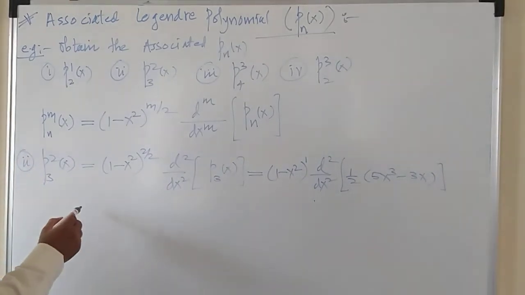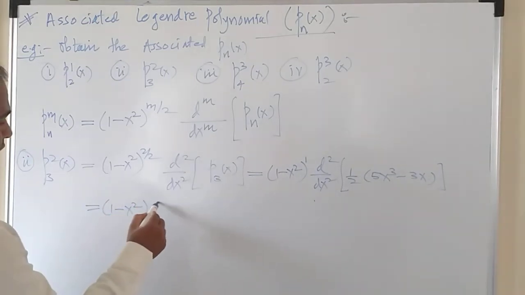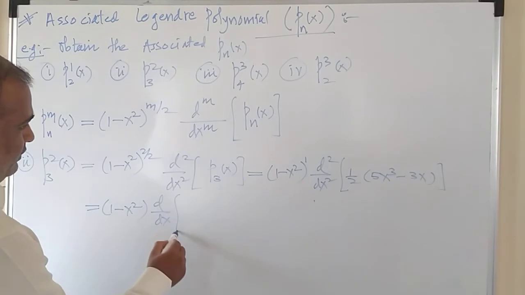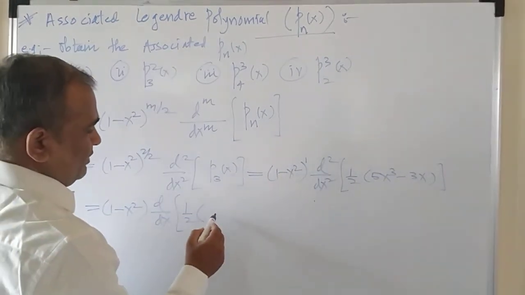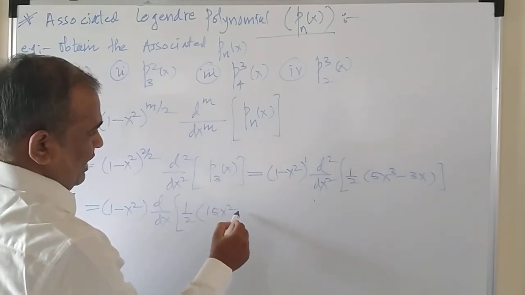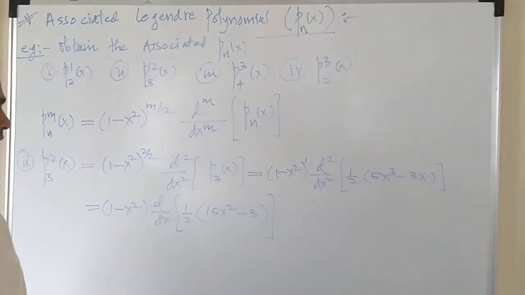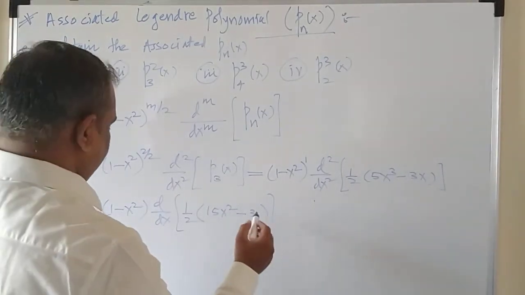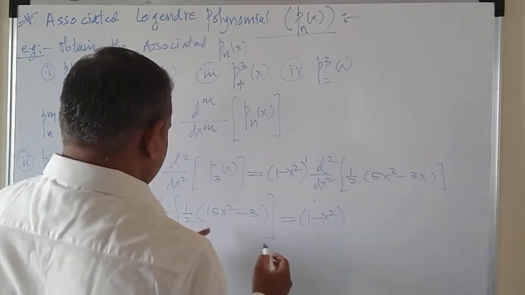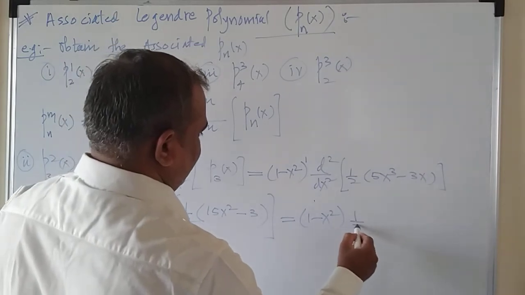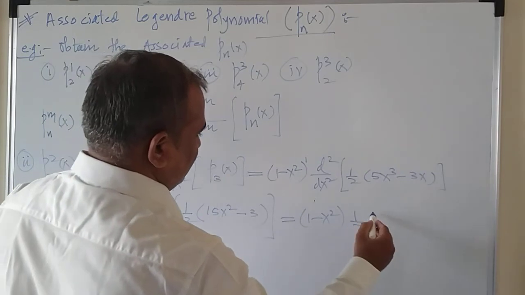Take the second order derivative, then this will become equal to 1 minus x square into d/dx of 1 half, which will be constant as it is, into the differentiation of this, which is 15x square minus 3. And if you differentiate a second time, we'll get 1 minus x square as it is, into 1 half, a constant, and the differentiation of this is 30x.